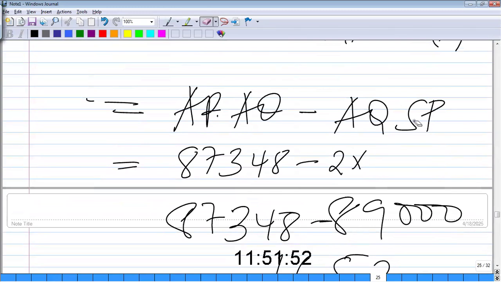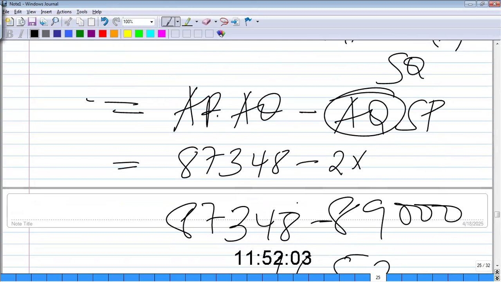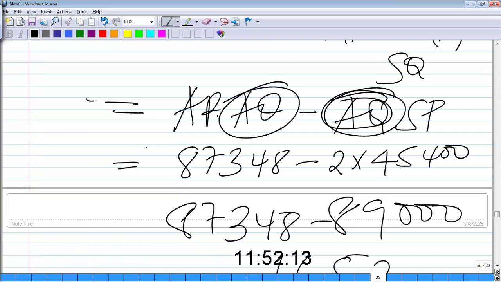We are using 2 times the actual labor hours, not quantity units. We are doing our SQ instead of AQ. So we're supposed to use the actual labor hours, which are 45,400. This is AQ, the same AQ used here.